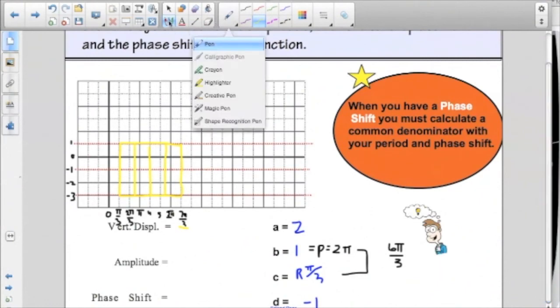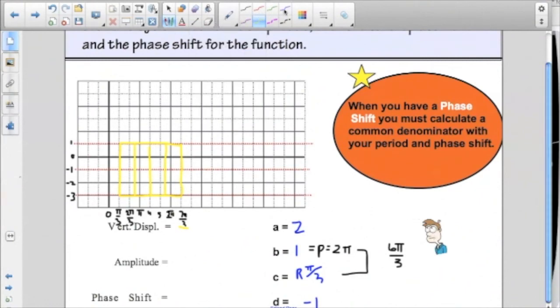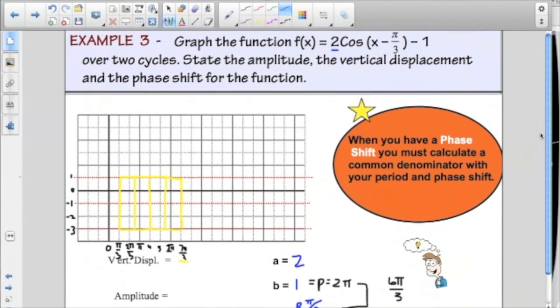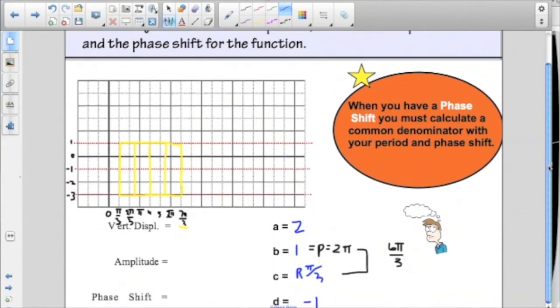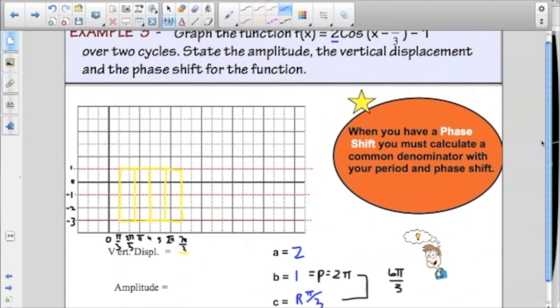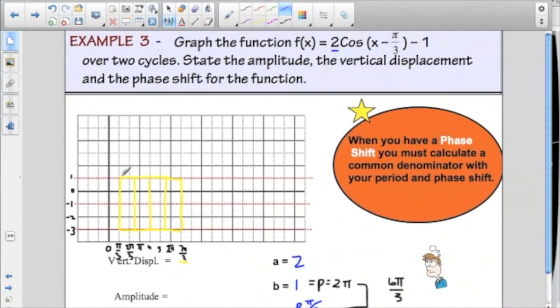We are going to now put the dots and then connect the dots. What do we have again? I forgot to check. We have a positive cos. From a few videos ago, we remember positive cos starts right at the top. So it goes top, middle, bottom, middle, top. And when it says 2 cycles, I would just repeat that.